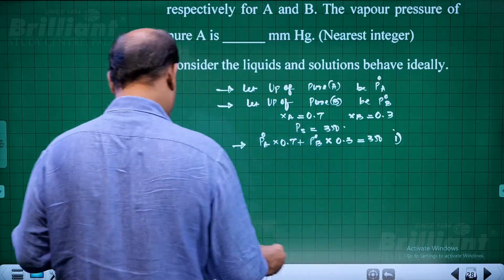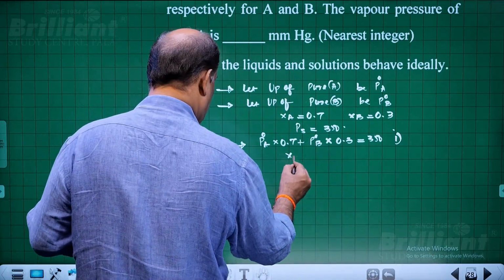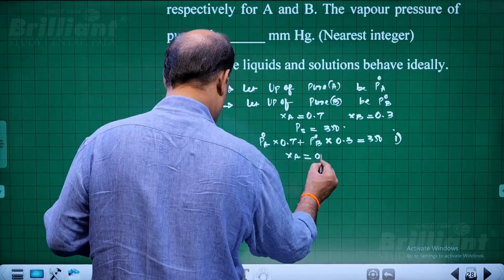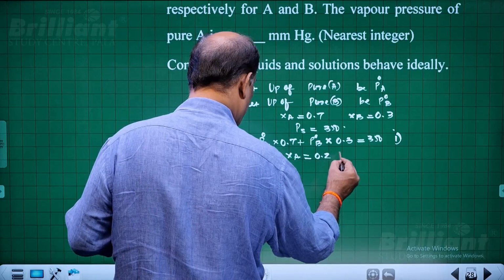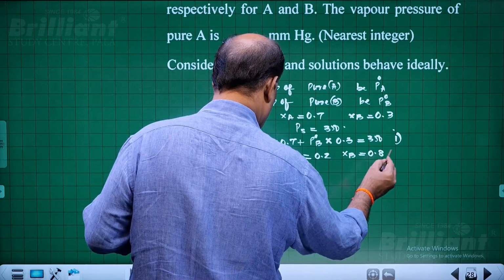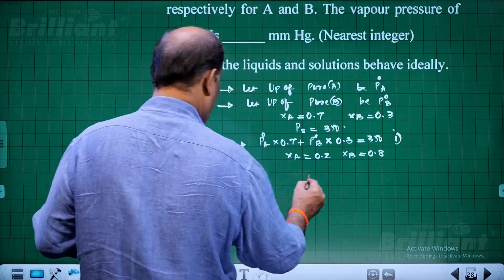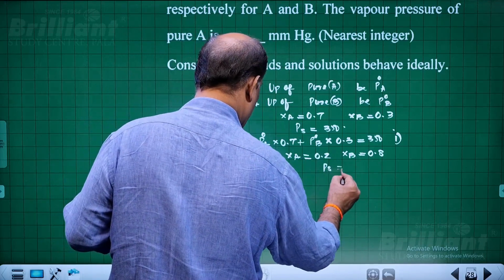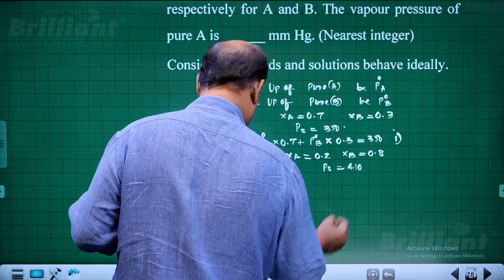This is equation 1. XA is equal to 0.2, XB is equal to 0.8. So this is equal to 410, right?